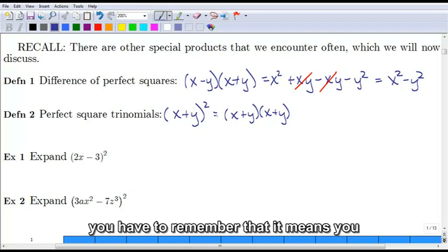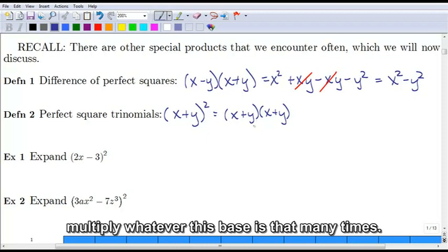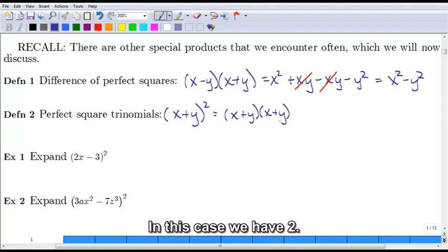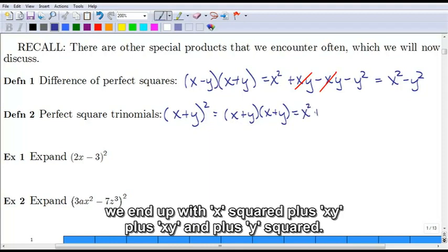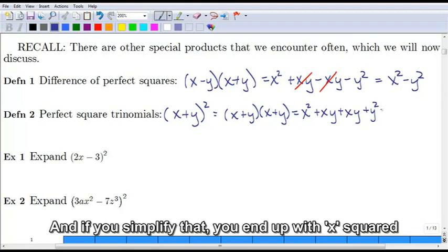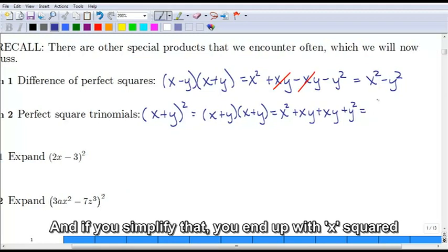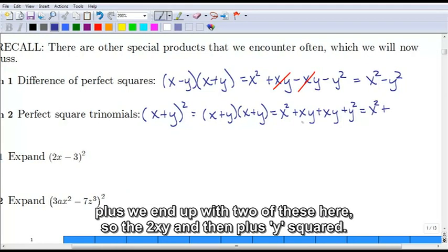You have to remember that it means you multiply whatever this base is that many times. In this case, we have 2. So if we FOIL this, we end up with x squared plus xy plus xy plus y squared. And if you simplify that, you end up with x squared plus, we end up with 2 of these here, so 2xy, and then plus y squared.